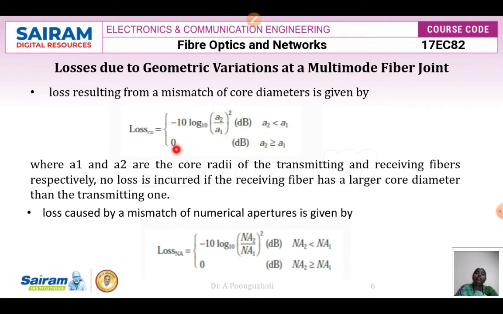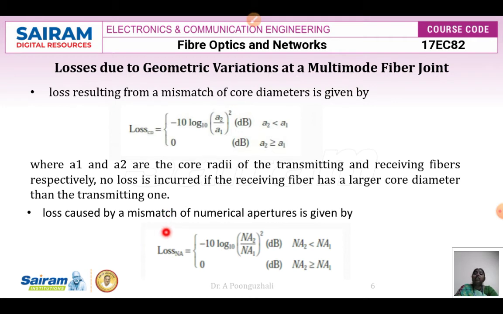It is going to be 0 decibels for A2 greater than or equivalent to A1, where A1 and A2 are the core radii of the transmitting and the receiving fibers respectively. So in that case, no loss is going to be incurred in the receiving fiber because A2 is going to have a larger diameter than the transmitting one.